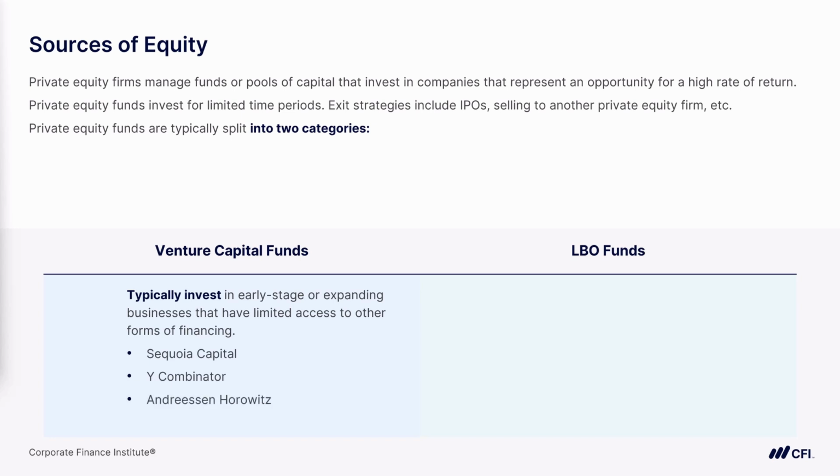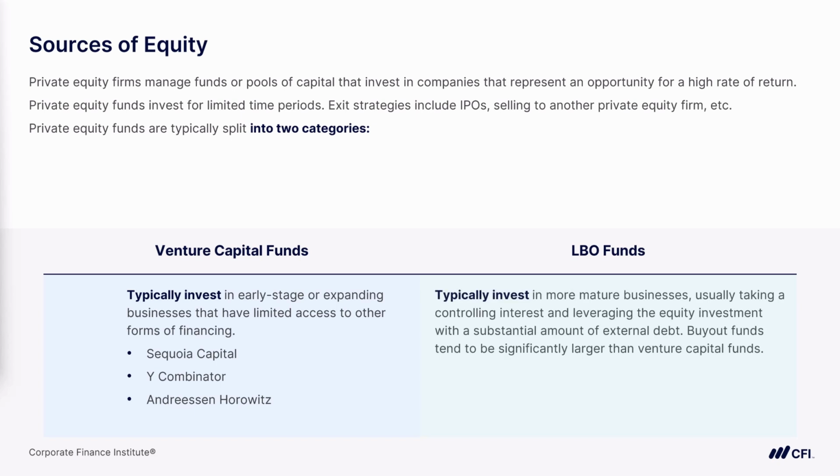And now LBO funds would typically invest in more mature businesses. They usually take a controlling interest and they will leverage the equity investment with a substantial amount of external debt. The buyout funds tend to be significantly larger than the venture capital funds. And here examples of LBO funds would be Blackstone, KKR, or the Carlyle Group.